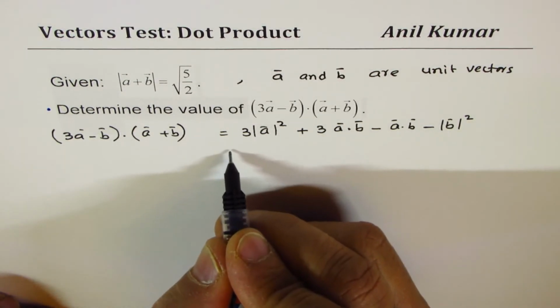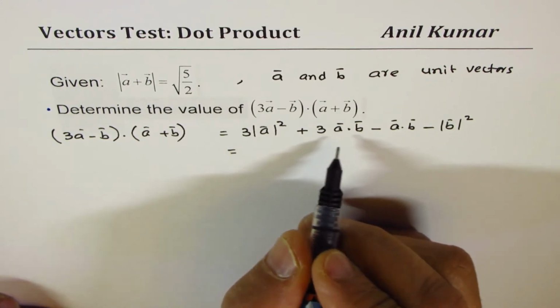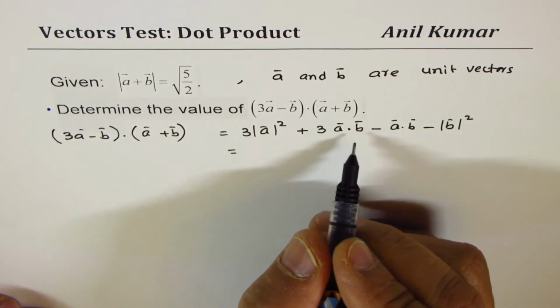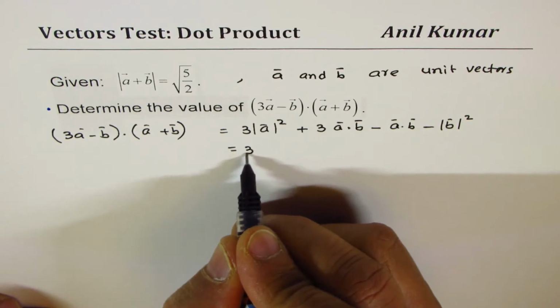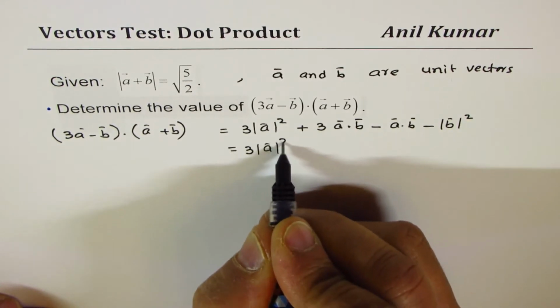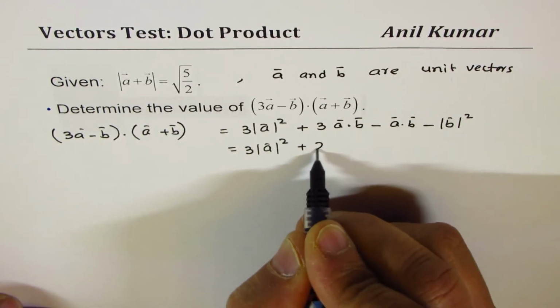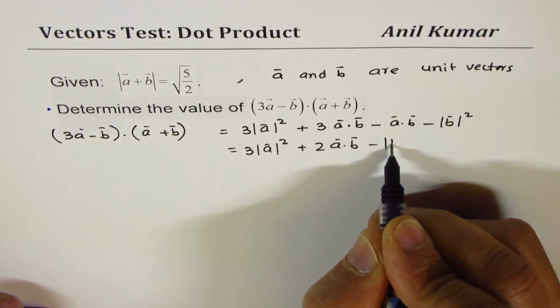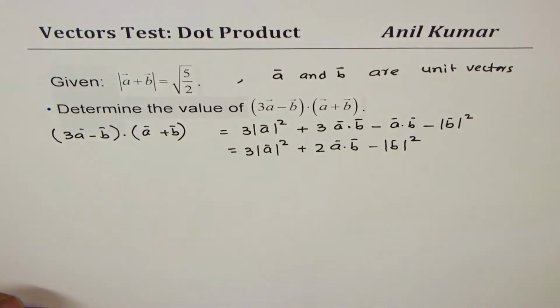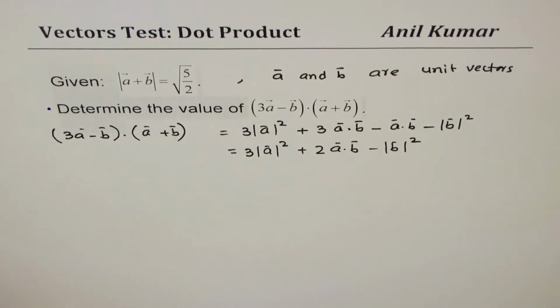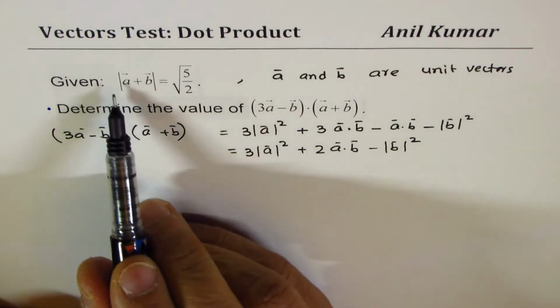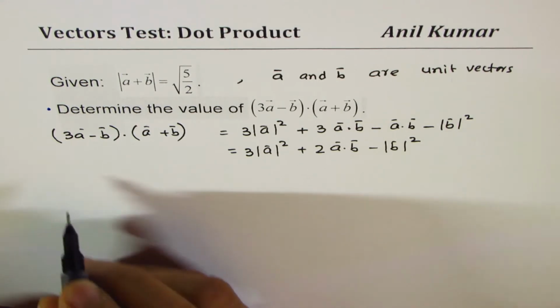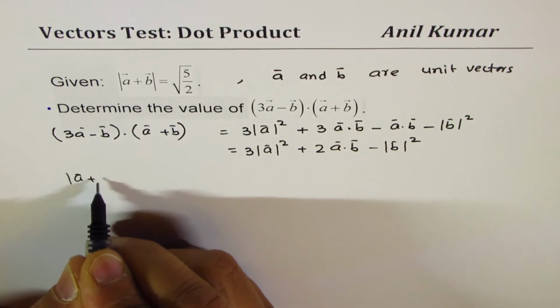We will try to see how to figure it out without knowing the angle between them. So let me write this as 3 times magnitude of A squared plus 2 times A dot B minus magnitude of B whole square.